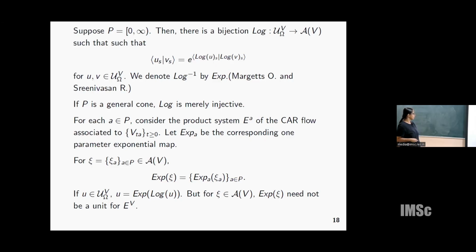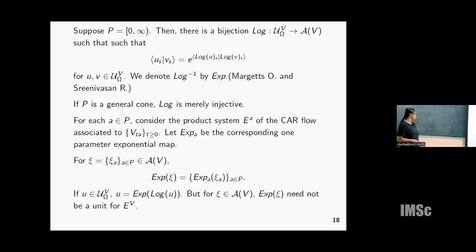But for a general cone, this log is only an injective map, not bijective. Still, given a unit, you will have an additive cocycle associated to it. Just like the CCR case, in the one parameter case CCR flows and CAR flows are actually equal. In the multi-parameter case, it's not so.